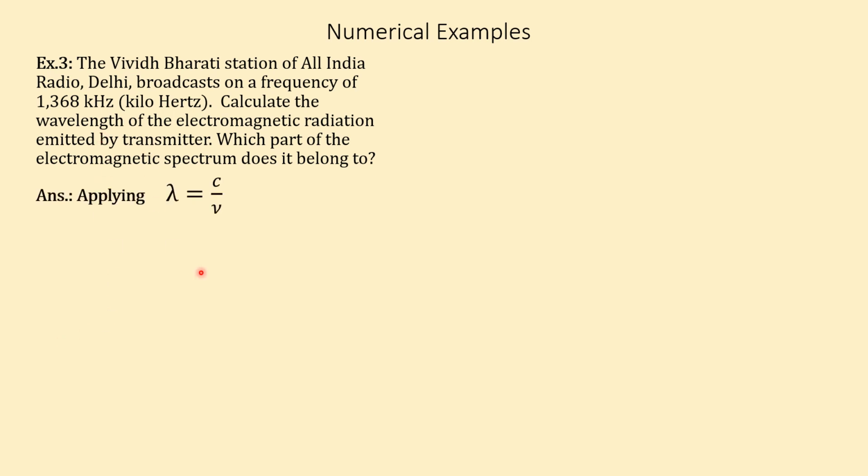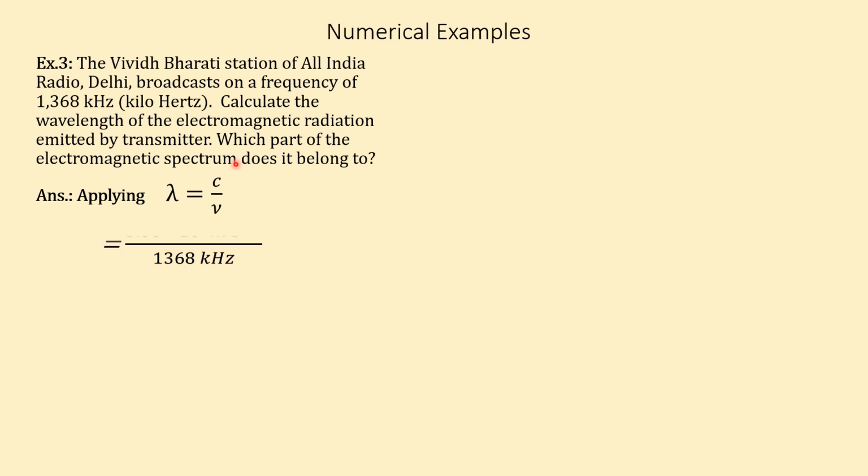Answer. We have to apply the formula lambda is equal to c by nu, where lambda is the wavelength, c is the velocity of light and nu is the frequency. We have to remember the velocity of light as 3.0 into 10 to the power of 8 meters per second.